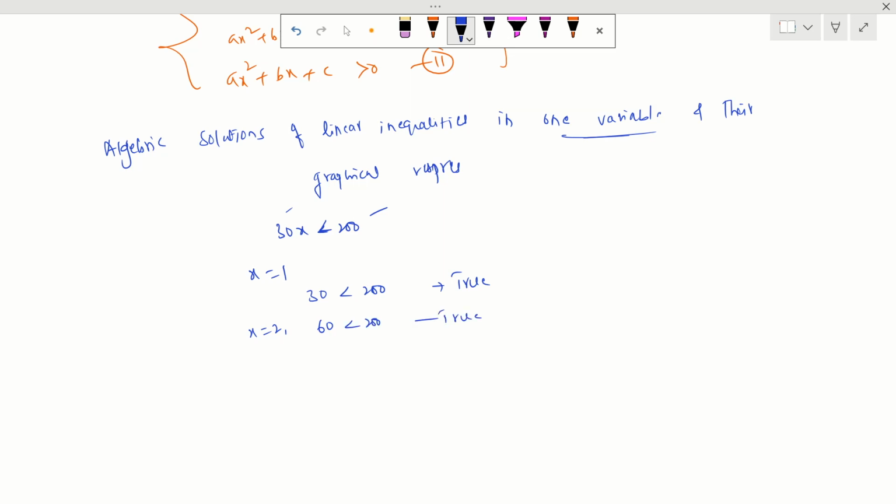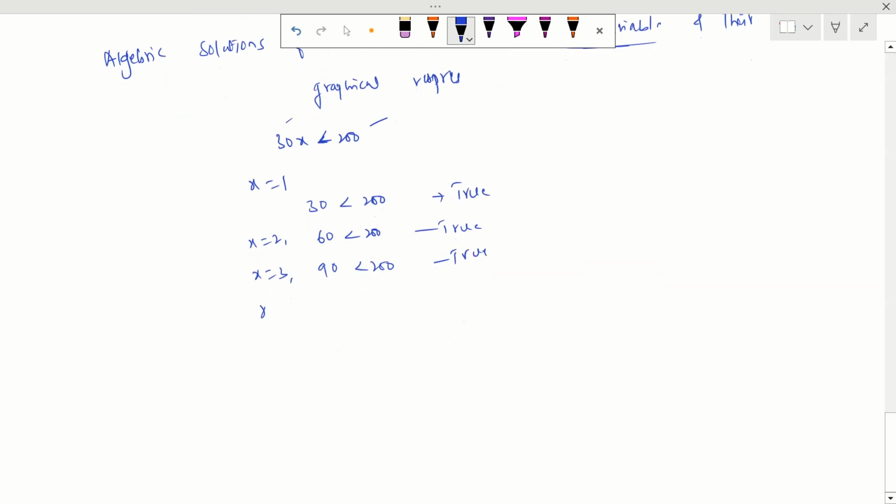And x equal to 3, 30 times 3 is 90, and it is less than 200. This is also true. When we put x equal to 4, 3 4s are 12, it is 120, and it is also less than 200. It is also true. And when x is equal to 5, 30 times 5 is 150. This statement is true.